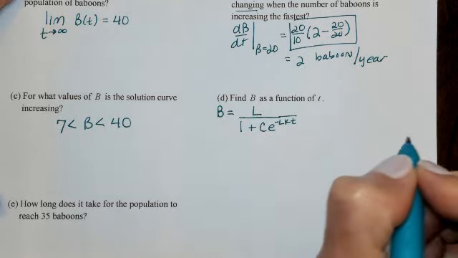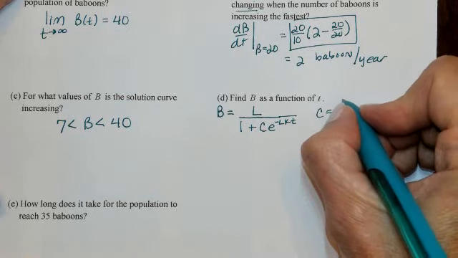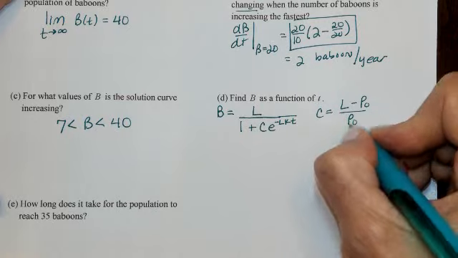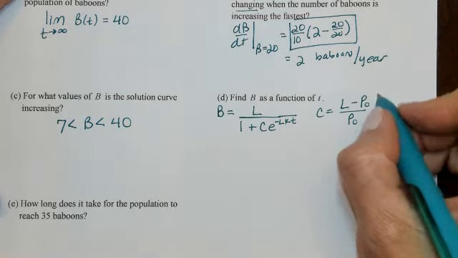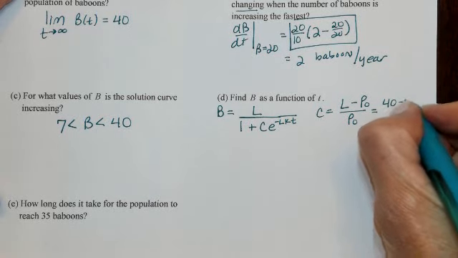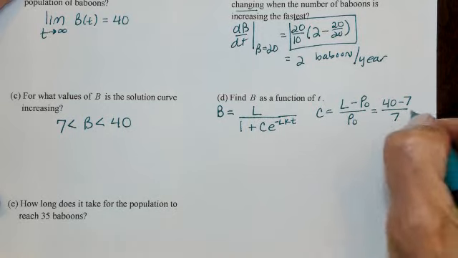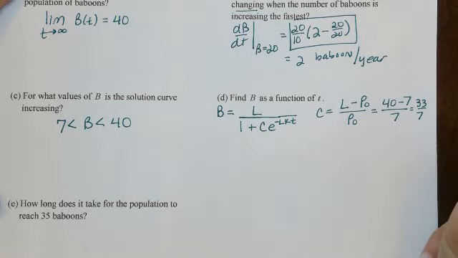lkt, Celtic, right? Where c is L minus P naught over P naught. Do you remember there are two P naughts? I'm trying to help you remember these formulas. So our C is going to be 40 minus 7 all over 7, which is 33 over 7.